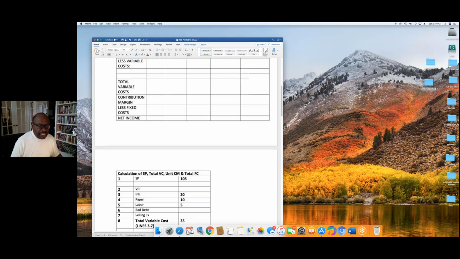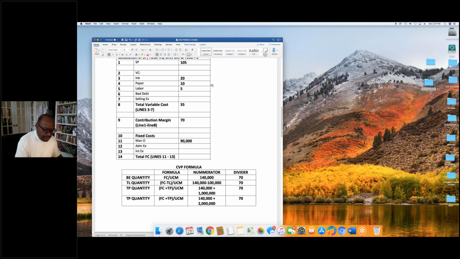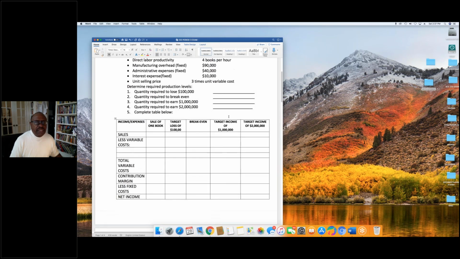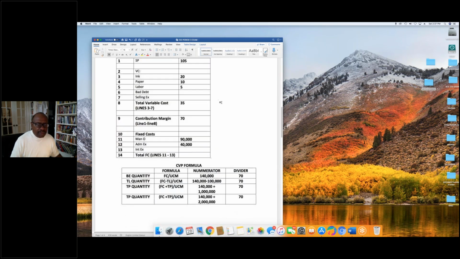The administrative expense was 40,000. And the interest expense was 10,000. And therefore, our total fixed cost is going to be lines 11 through 13. When we add those up, we get 140,000.